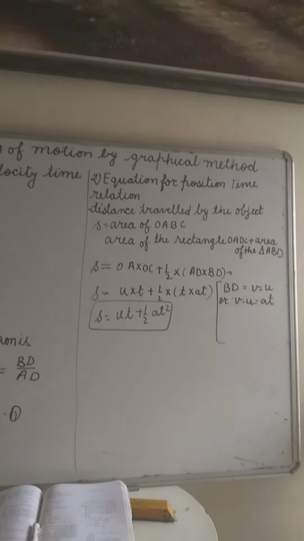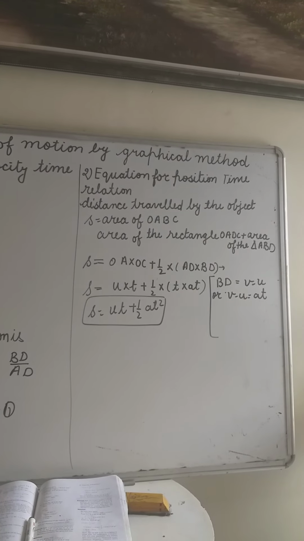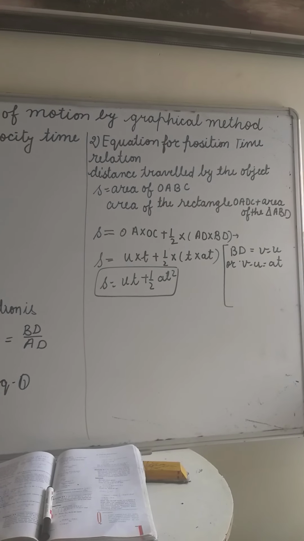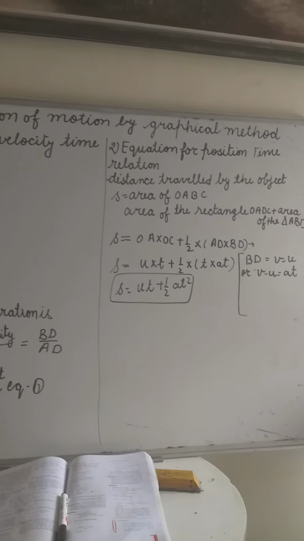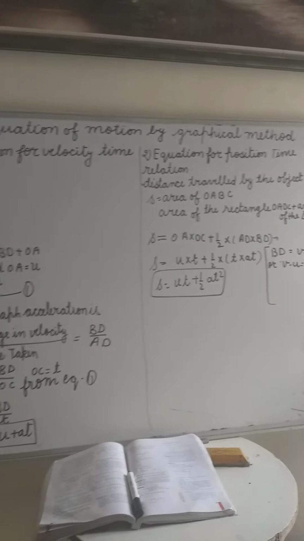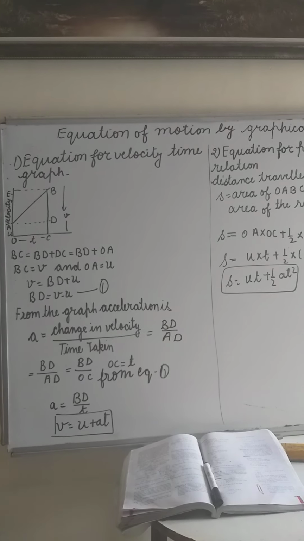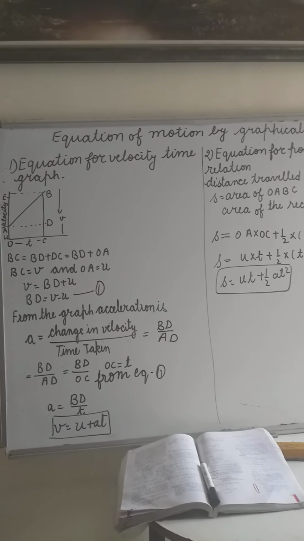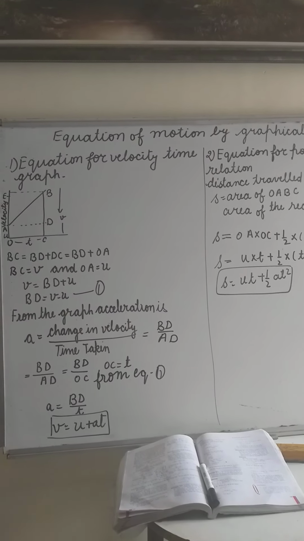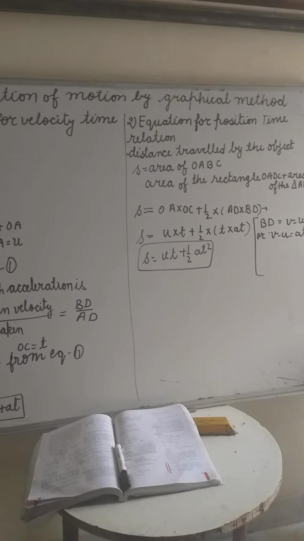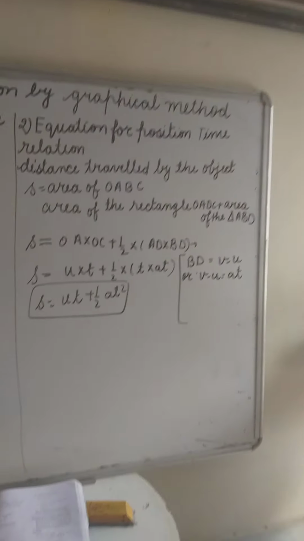Now you can see equation 2, the position time relation. The distance travelled by the object: how much distance is covered? We will take out the distance travelled by the object. How can we take out the distance?